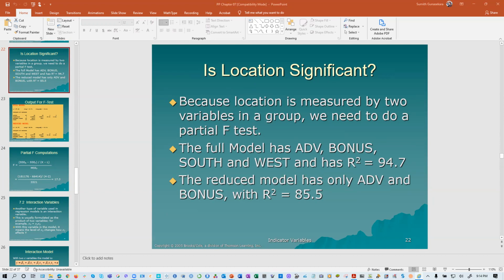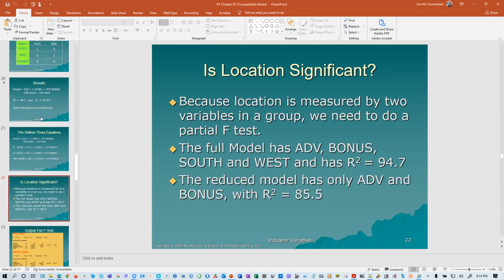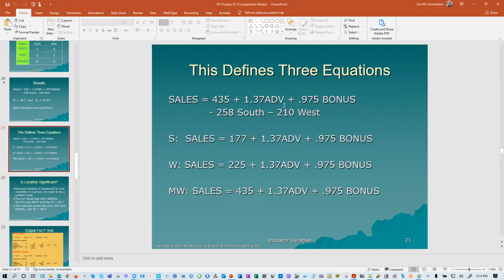But since we are fitting this model with the aid of two dummy variables, south and west, or x1 and x2, these are the levels of that particular categorical variable that are utilized.